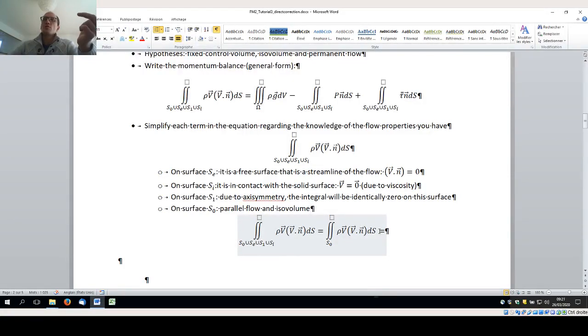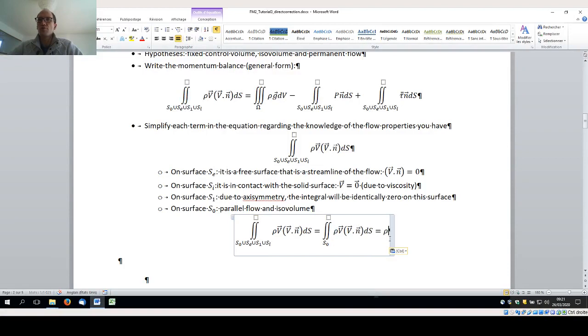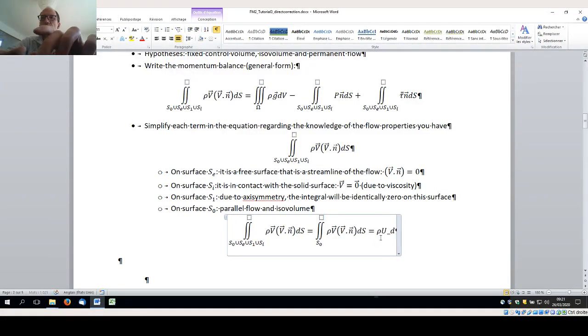And in order to simplify the writing, we use the kinetic coefficient to write this as a function of u d0, which is the mean velocity in the inlet section.